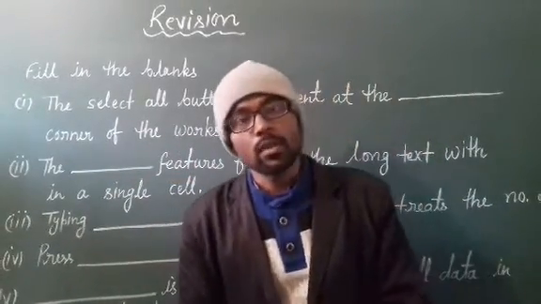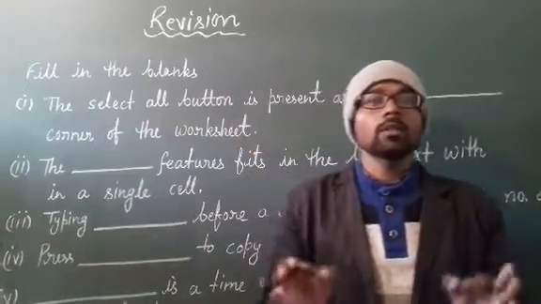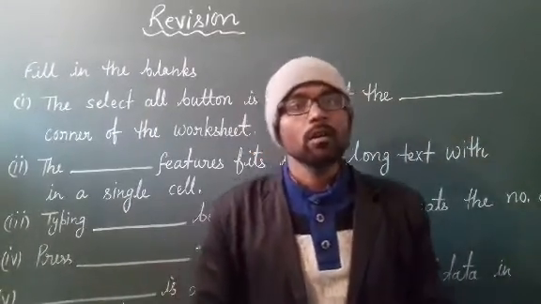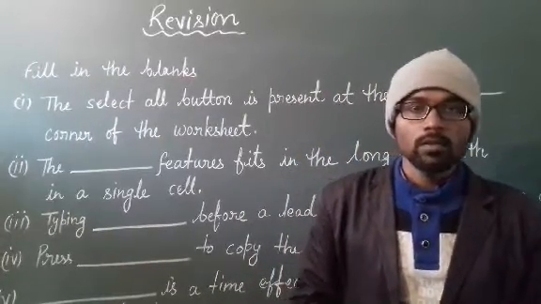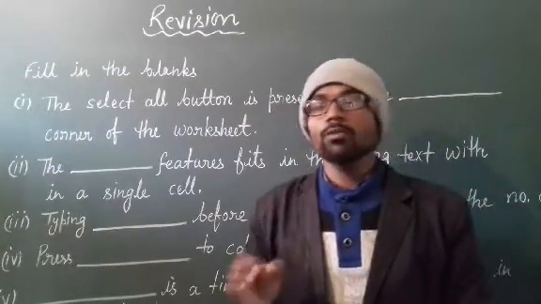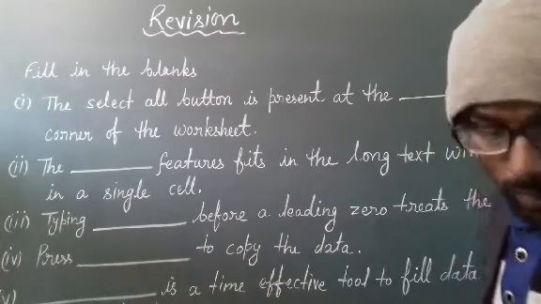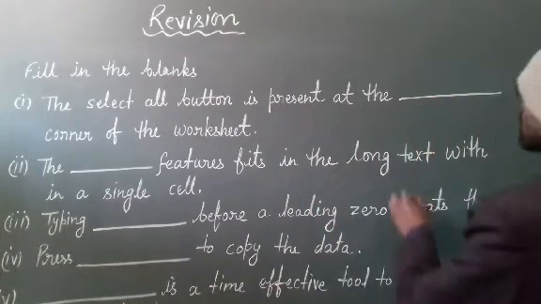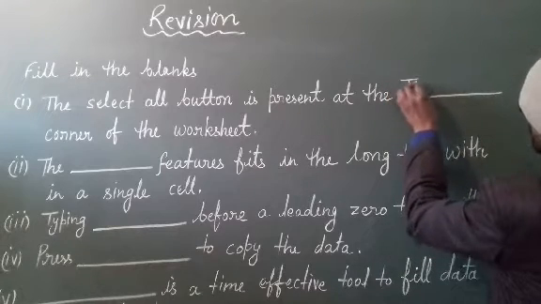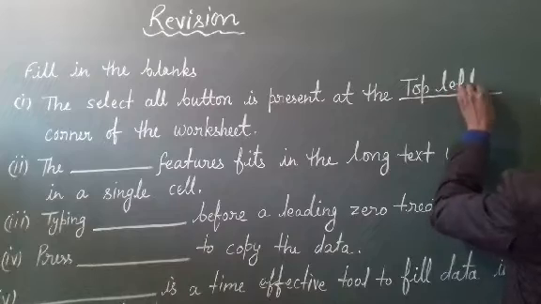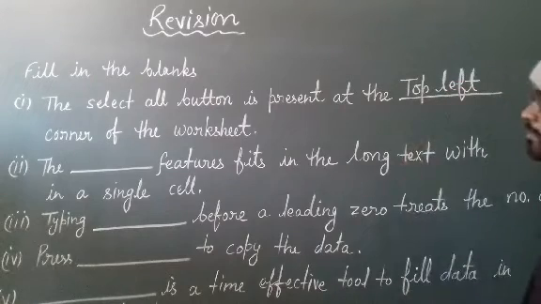As you all know, the select all button is present on the top left corner of the worksheet. It means you have to fill here top left. What will you fill here? Top left corner. Top left.